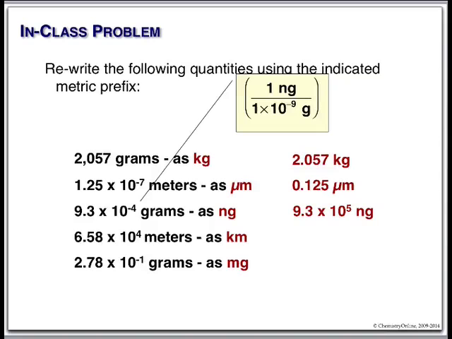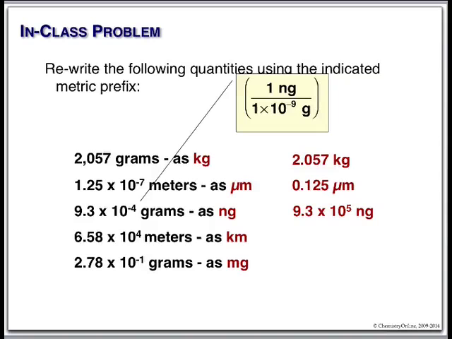Can you say it one more time? Sure. We are relating grams, that's our given, and nanograms, that's what we're trying to find. So we need a ratio to relate those two. We remember that nano is 10 to the minus 9.